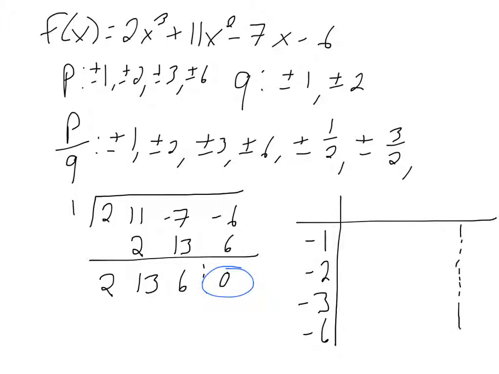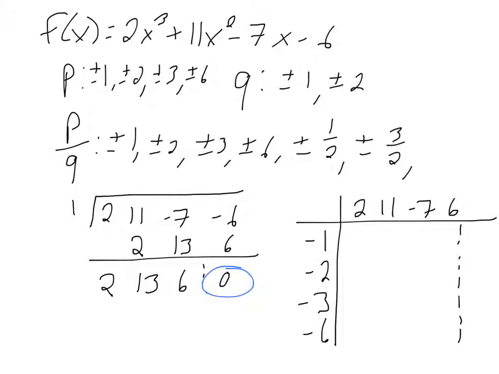This is also just synthetic division, but what we're doing here is we're going to write out less of it, but still do the same thing. So in this form, on my left here, these are all the zeros I'm testing. I want to test negative 1, negative 2, negative 3, and 6, right? And on top here, instead of the coefficients going in the middle, the coefficients are going to go up here: 2, 11, negative 7, and 6, right?